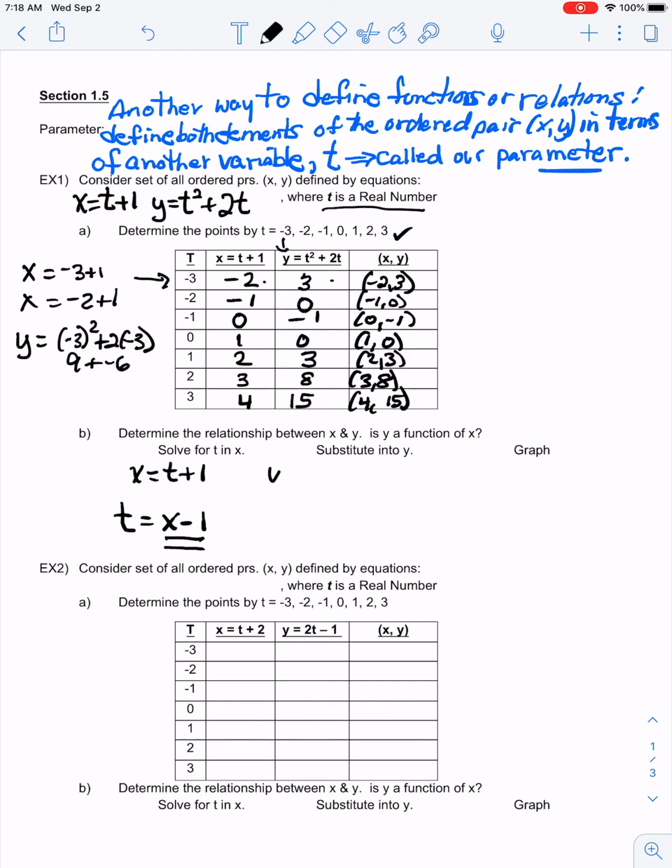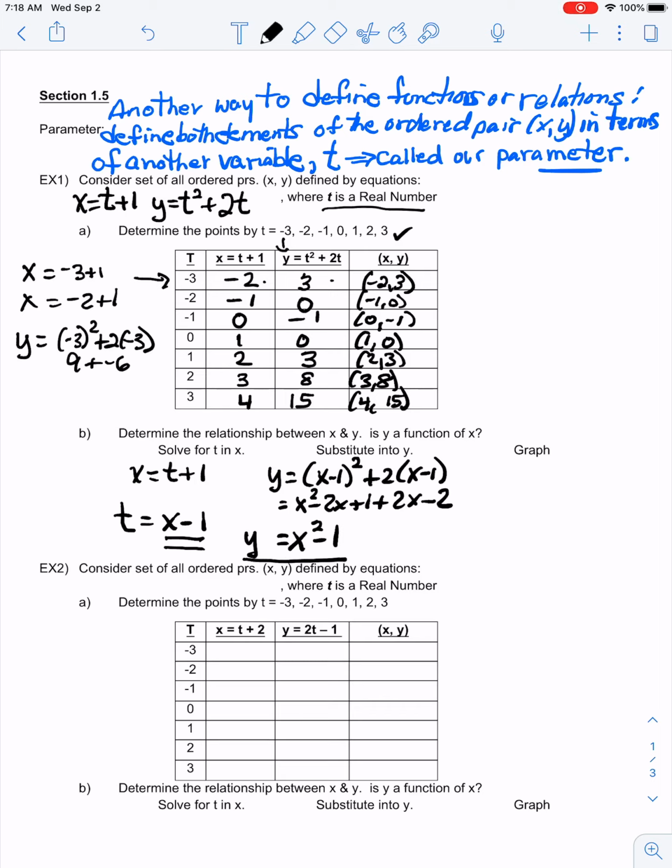Okay, so it's going to become y equals x minus 1, the quantity squared, plus 2 times x minus 1. All right, so this is going to generate our function. So we get x squared minus 2x plus 1 plus 2x minus 2. And when you collect like terms, you end up here at y equals x squared minus 1.